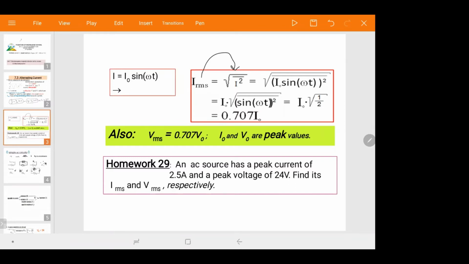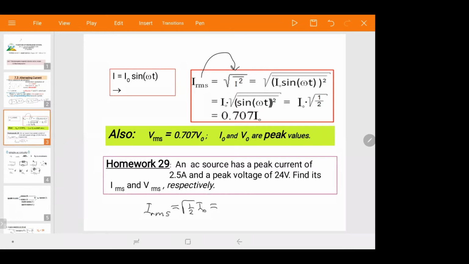Once you understood what RMS current means, what RMS voltage means, and its mathematical process, I think this is just a child's play. For example, IRMS equals root of half times I0. You can answer it orally.